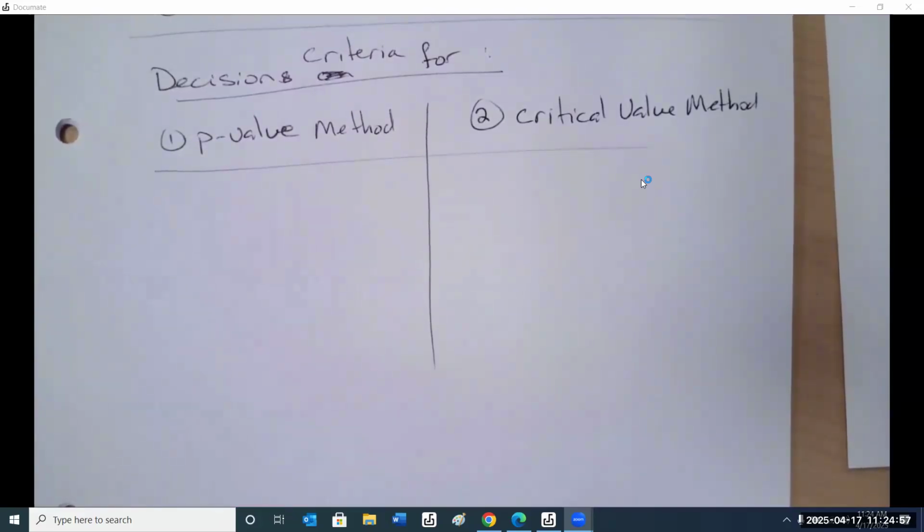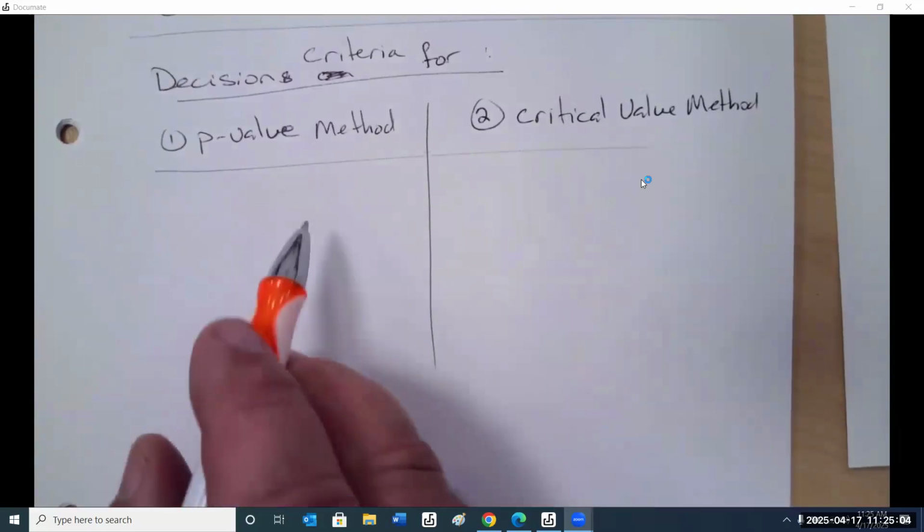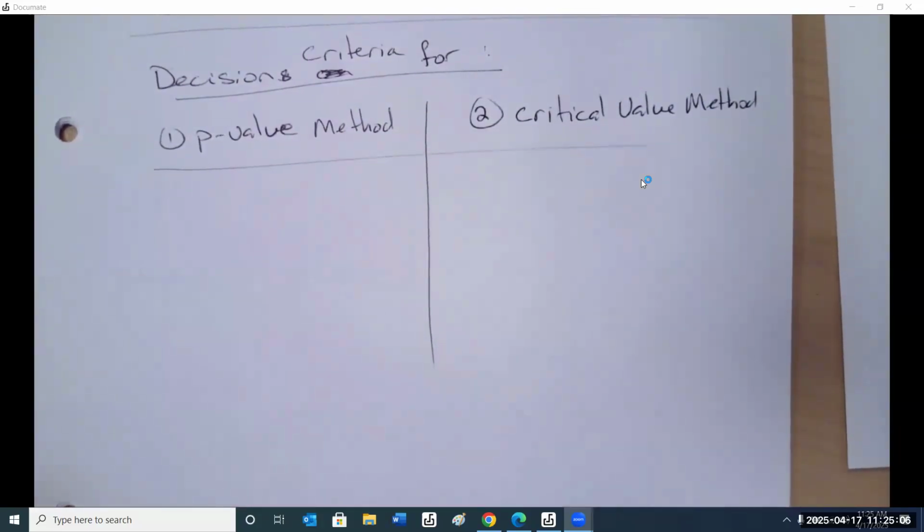So it's asking you how do we know whether we keep or reject the null hypothesis with respect to these, if we're using the p-value or we use the critical value?